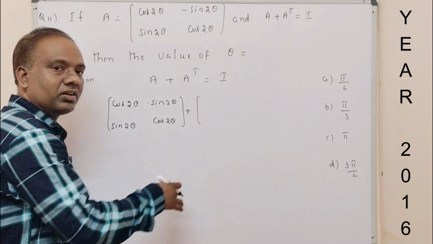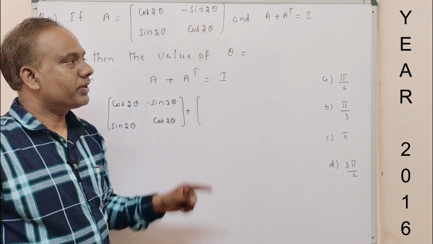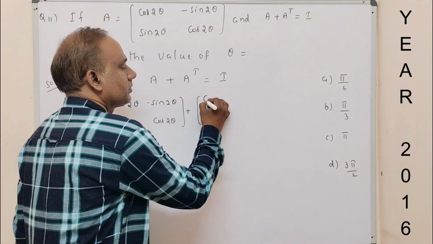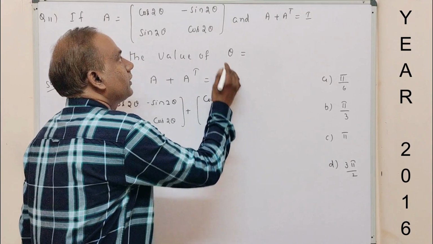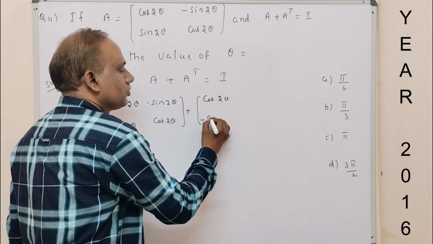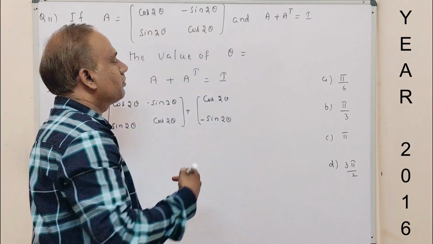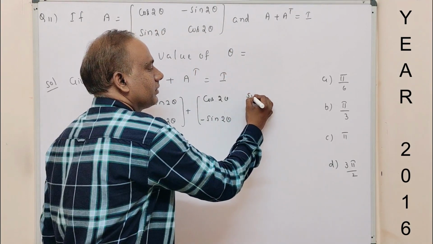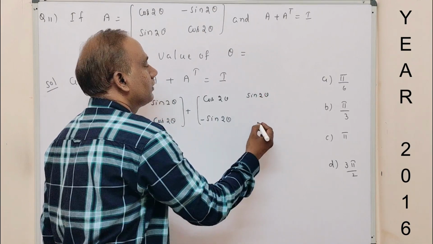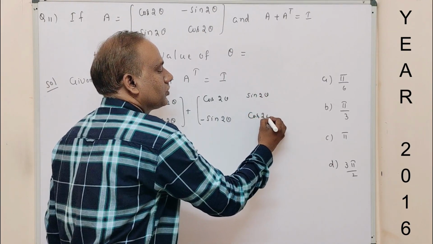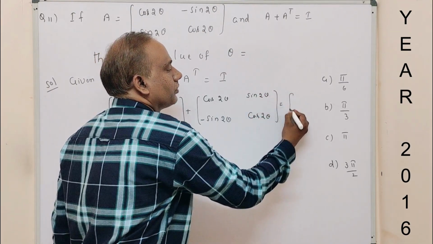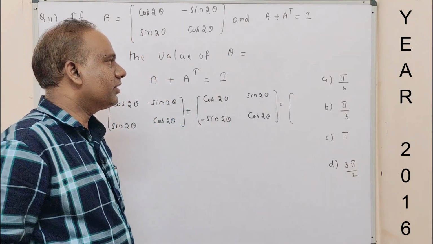Rows become columns. That means [cos 2 theta, sin 2 theta; minus sin 2 theta, cos 2 theta] is equal to the identity matrix.